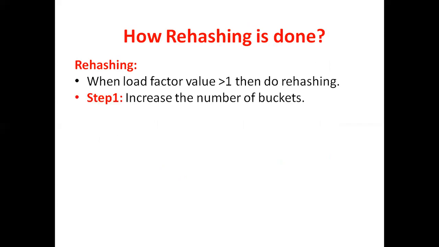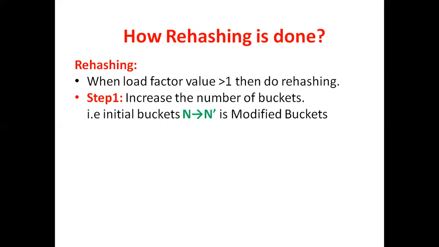Step 1: increase the number of buckets. Number of buckets means the number of slots, the array size. Initially the bucket count is capital N. After modification we assume it is n dash, where n dash is equal to the closest prime number to 2n.